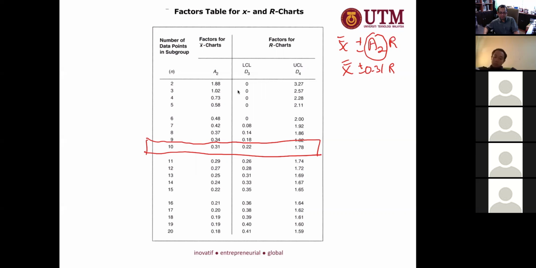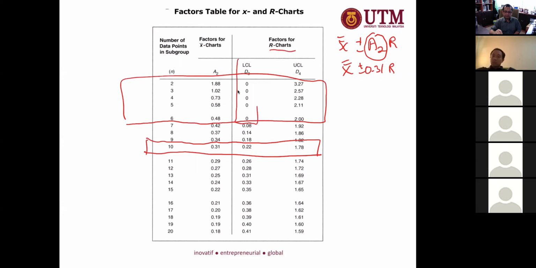But as you look at this table, for the R chart, when n is less than 6, we don't have a lower limit for the R chart. We only have an upper limit. But starting from n equal to 7 and above, we have a lower limit for the R chart.